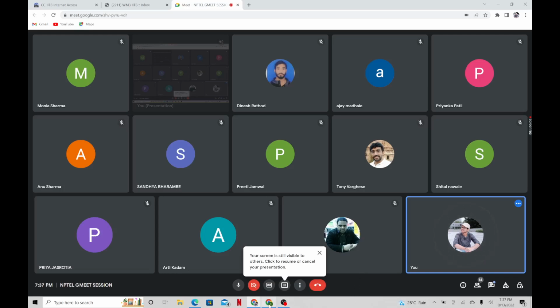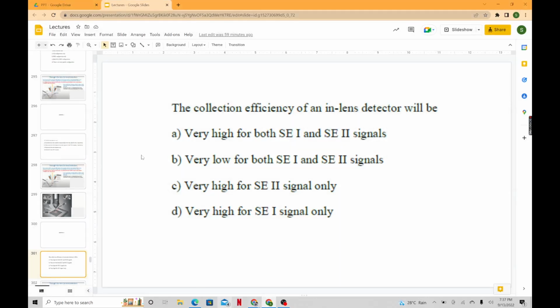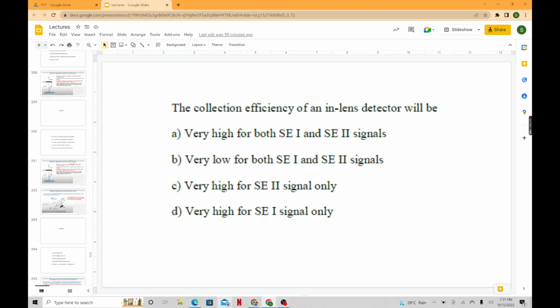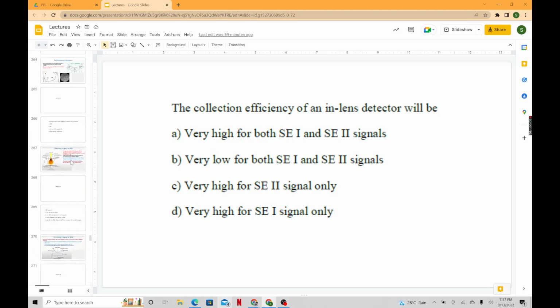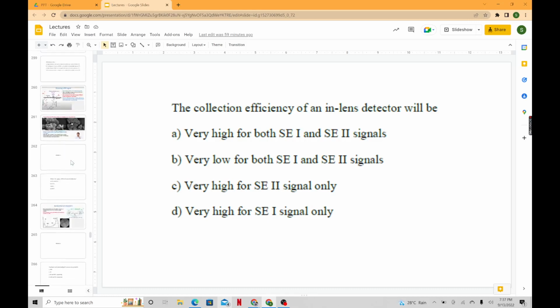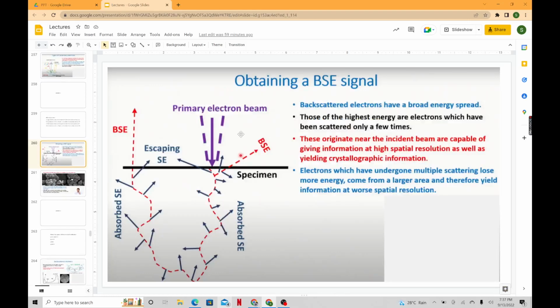Okay, so let me come to this slide. Most of them are saying A, very high for both SE1 and SE2 signal. If you remember, I have to go way before, where I showed you SE1 and SE2.